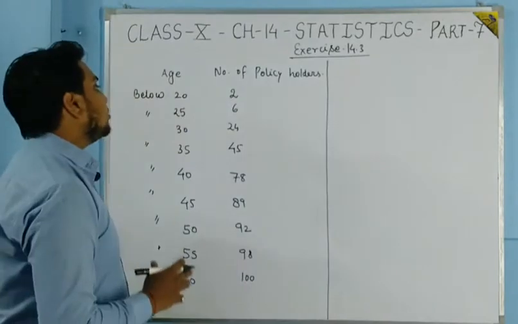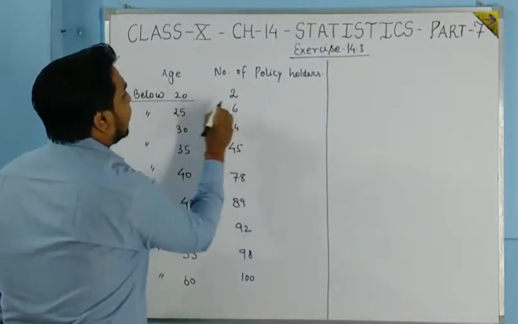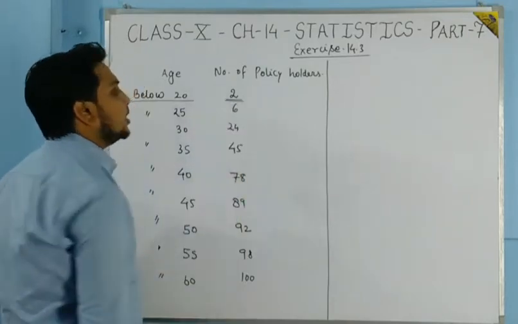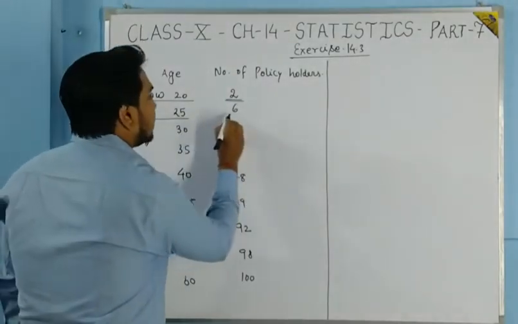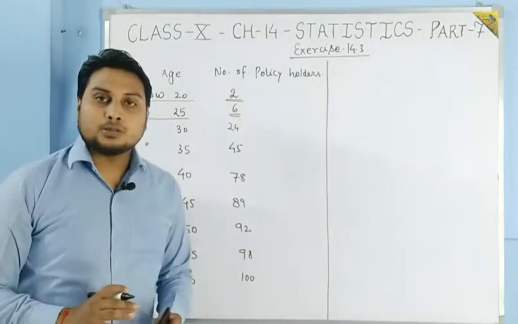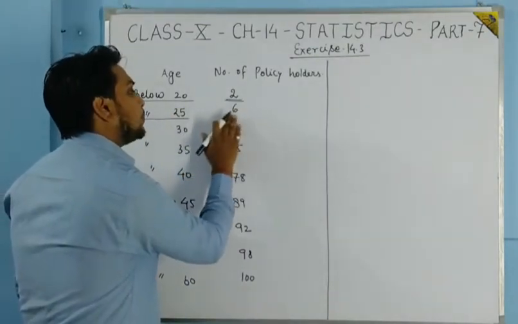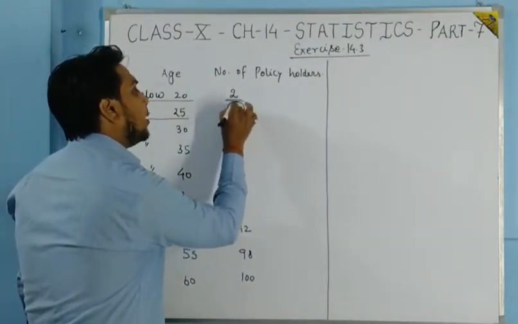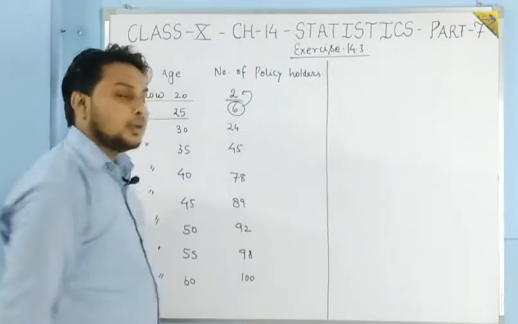Here you can see, students, that it is given that below 20, 2 policy holders are there, below 25, 6 policy holders are there. So you can compare, students, that below 25 a total of 6 policy holders are there, but in these 6 these 2 will also be there.